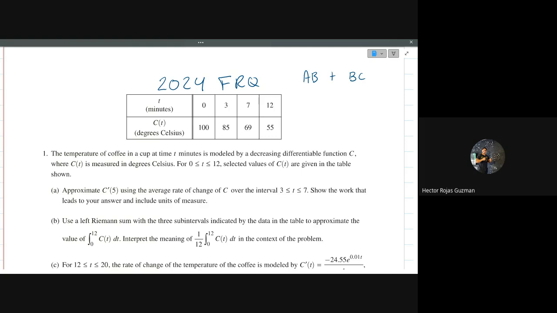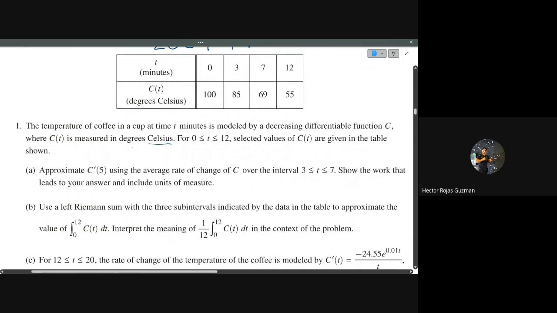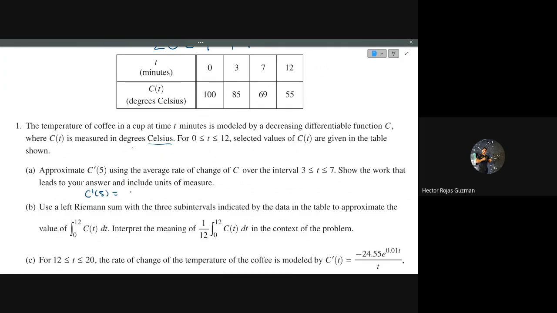The temperature in a coffee cup is modeled by a decreasing differentiable function. The temperature is measured in Celsius, and the values are shown. Approximate C prime of 5. If you want to approximate C prime of 5, we're going to have to do an average rate of change, using the values closest to 5.